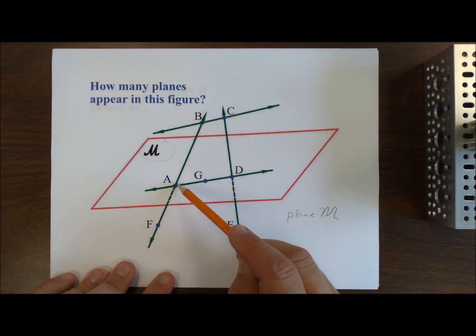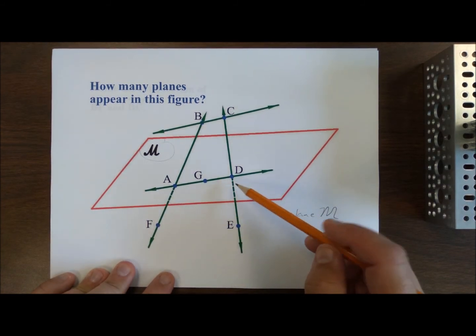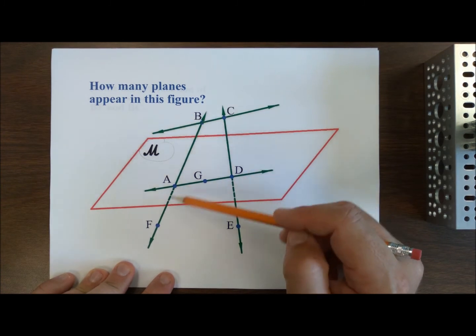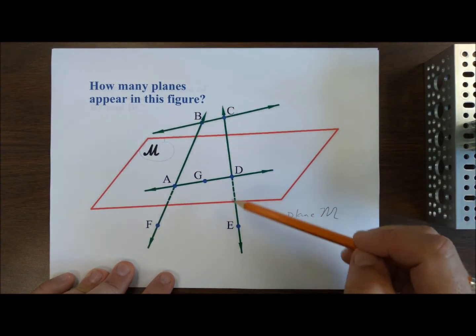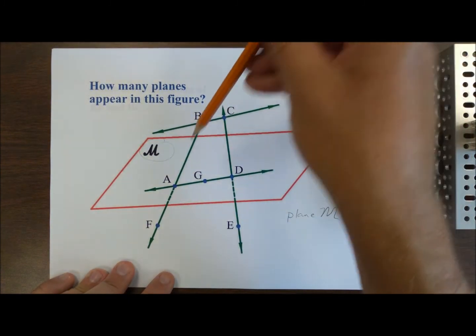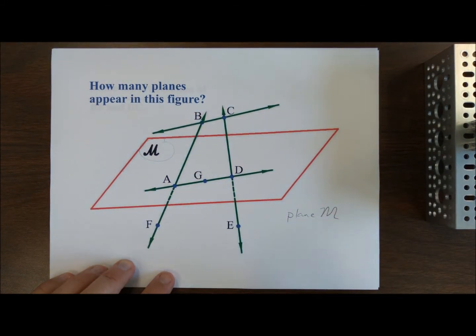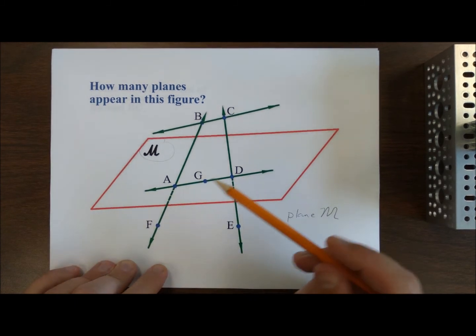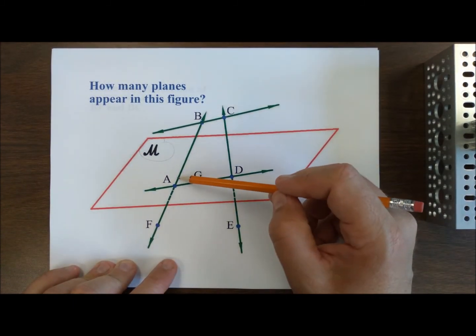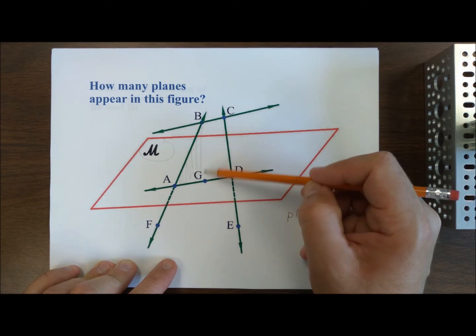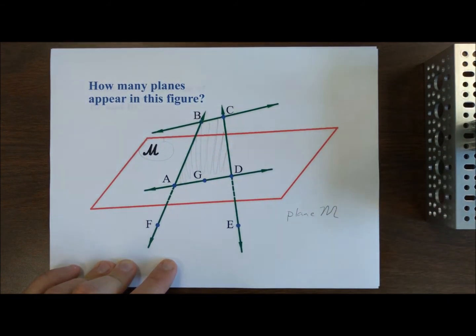Okay, you can see this dashed portion and this dashed portion indicate that these lines BF and CE go down through the plane. Okay, but this line AD appears to be in the plane. So it looks like this is forming a plane, and I could name it with any 3 non-collinear points.